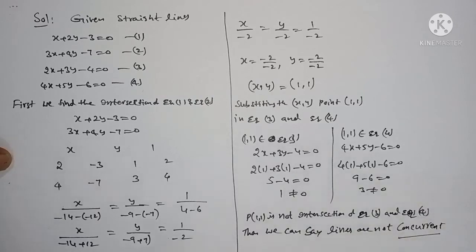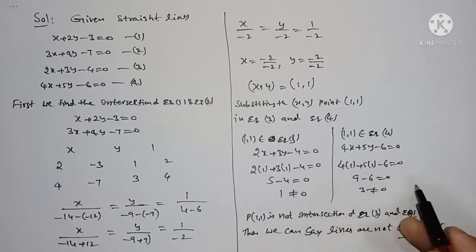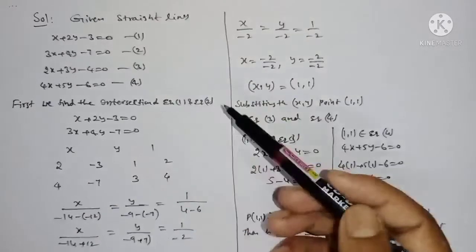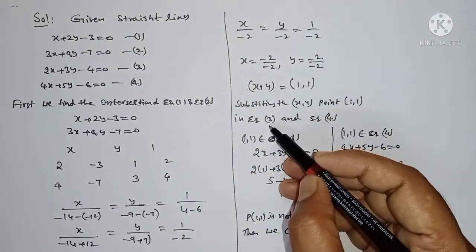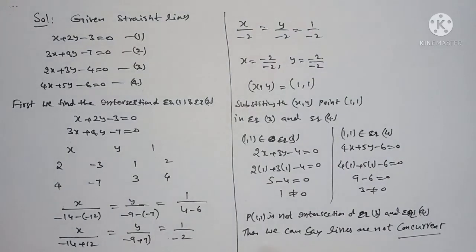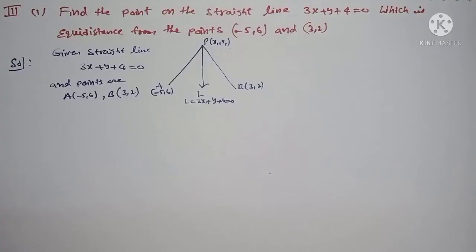If it is satisfied, then it is concurrent. Therefore it is not concurrent, because the intersection of equations 1 and 2, which is 1 comma 1, does not satisfy equation 3 and equation 4. Okay, next you can go to the next problem.